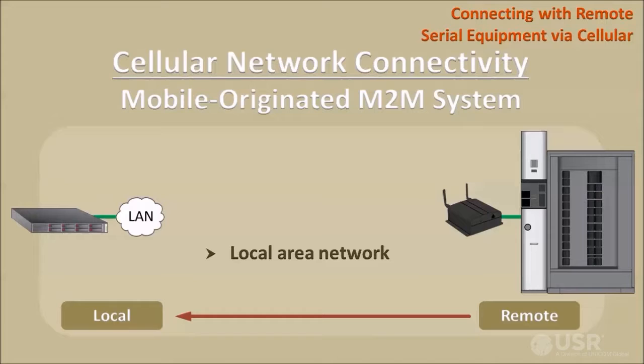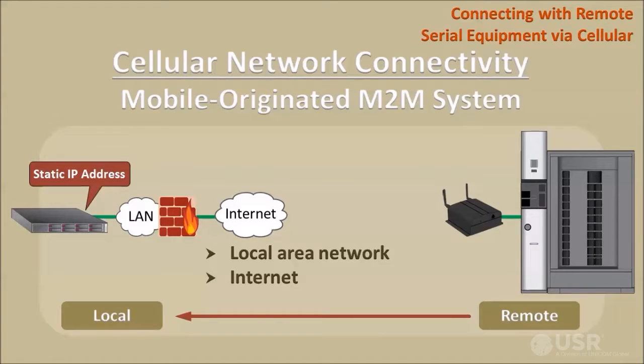The local host first connects to a local area network, which gives it access to the internet. The local area network will undoubtedly have a firewall to protect it from threats on the internet. For a mobile-originated system, the local host must have a static IP address on the local network.